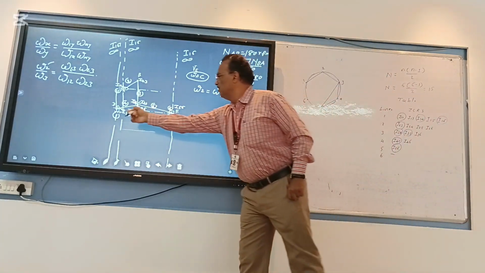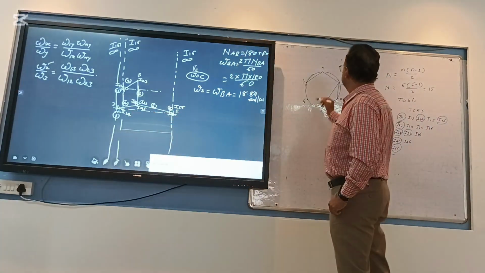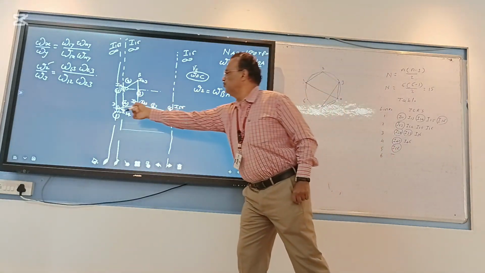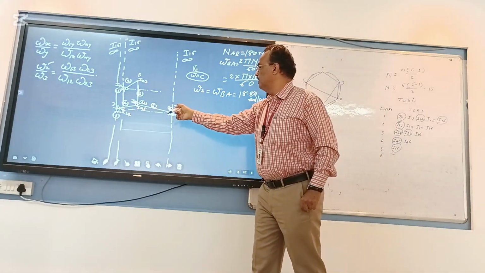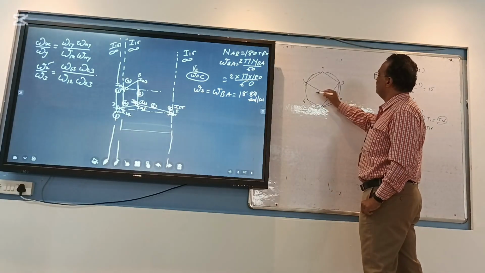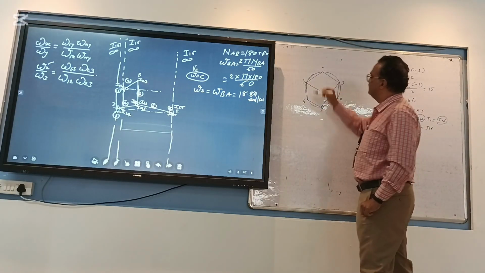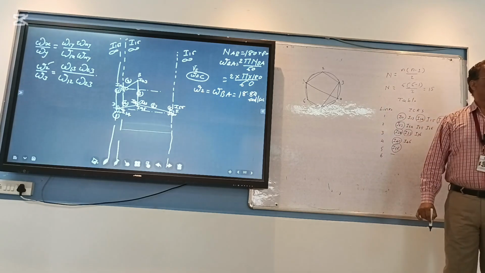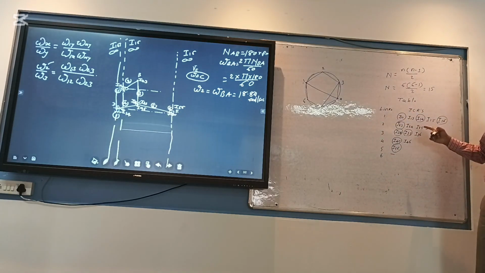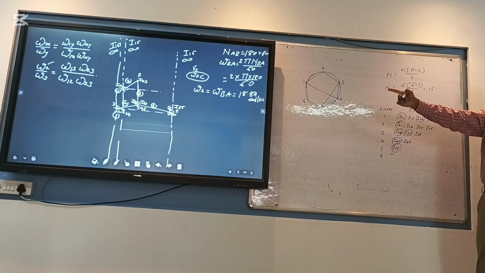Then 1, 4. This 1, 4 I have located. Then 5, 6. Then 1 and 6. The ICRs which I have already located, you have to show by the connections.